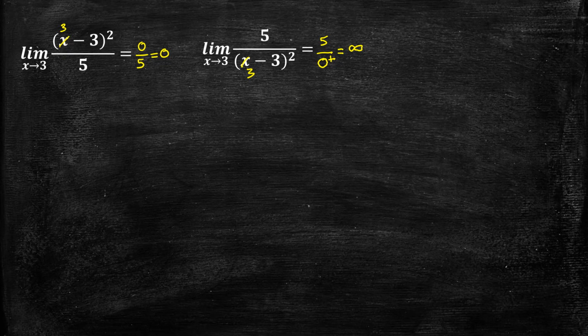But where we run into trouble is when we have something like this, and we plug in 3. We get 0 on the numerator, and if you plug in 3 in the denominator, you get 0 also. And 0 over 0 is known as an indeterminate, and it's indeterminate because you could make it whatever you like.